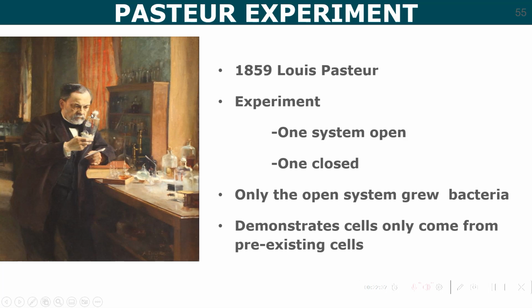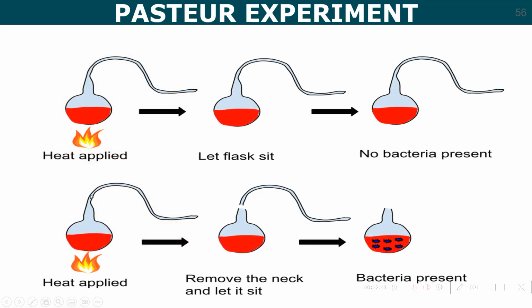The guy that disproved that was Louis Pasteur. He had his swan neck flasks, and in both of them he has broth, which is basically bacteria utopia. He boils them both to kill all bacteria inside that apparatus. One is broken open to expose it to the air, and the other is left sealed in the swan neck flask.